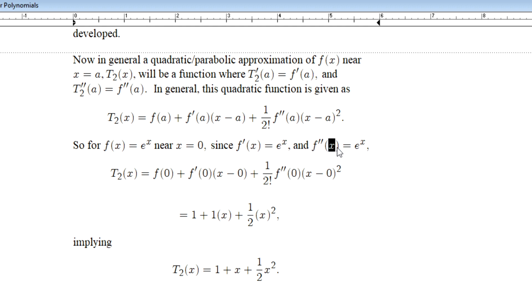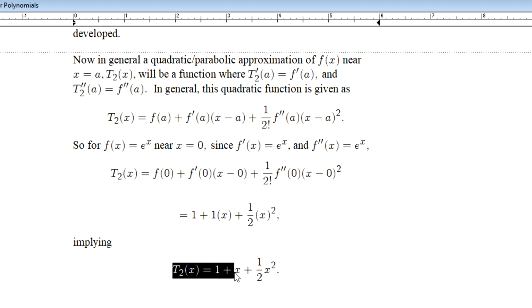Well, taking f's second derivative at 0 is just going to be e to the 0, which we know is 1 in value. So the factor times this 1 over 2 factorial in the middle is just 1 times x minus 0 to the second power. Well, that's just x squared. And this third term that we add on is 1/2 x squared.